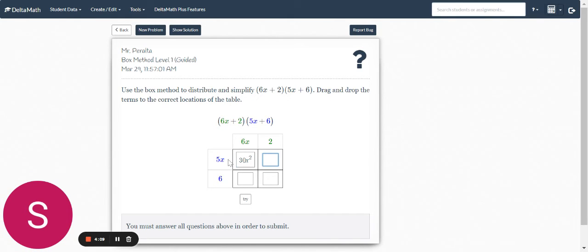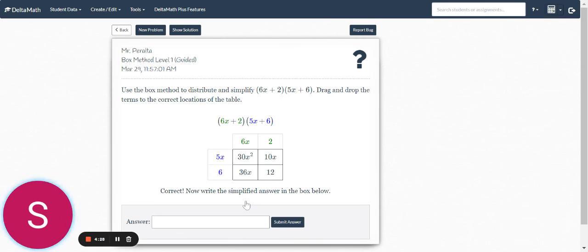Then we come over here. 5x times 2 is 10x. Come down here. 6 times 6x is 36x. And then 6 times 2 is 12. And notice that, of course, the diagonal should both have x's in it. We're going to say, okay, we think it's okay. It's telling me I'm good. And now we're going to go ahead and combine them.